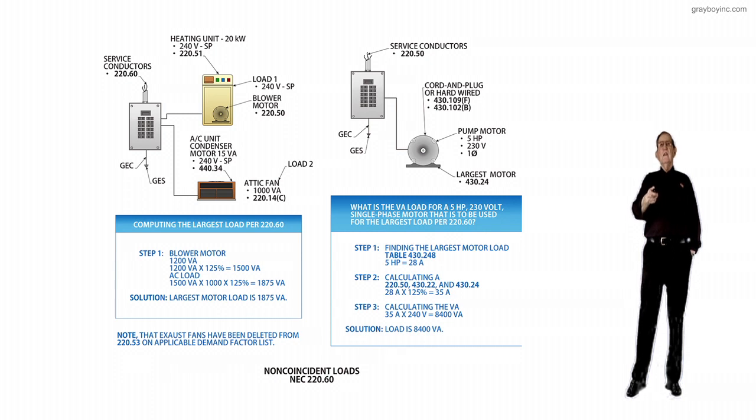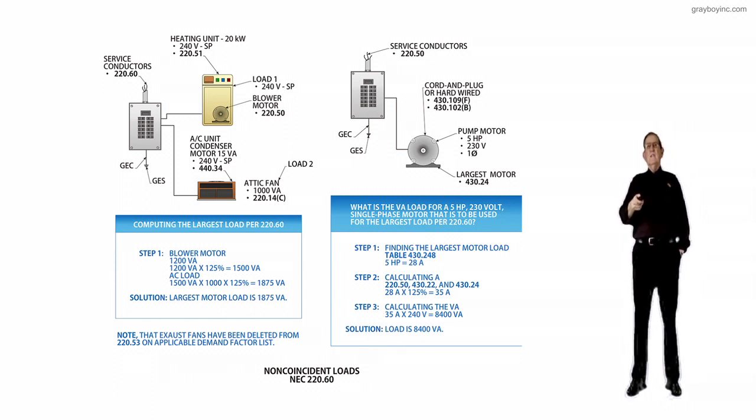And notice here you had an attic fan, you had a blower motor, you had an AC unit, and you could drop those 2 below because the heating load was larger than any of those. So the non-coincidental loads that you do not use in conjunction with the heating load, then you can drop it.